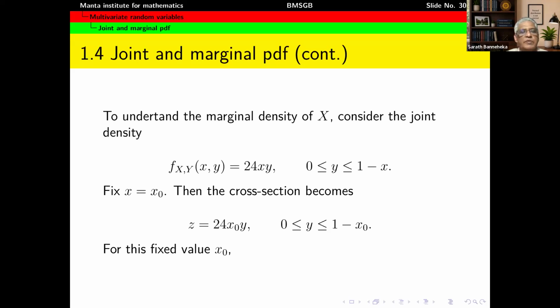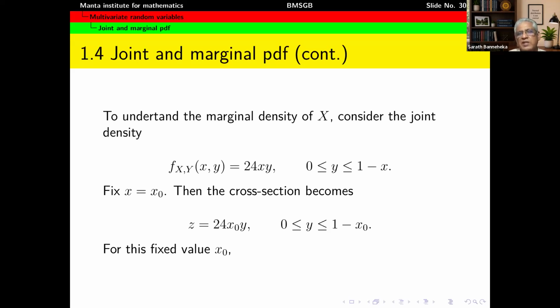We can obtain it by looking at the highest point, where y will be equal to 1 minus x naught. That will be the height of the triangle, and the width of the triangle will be the length of the range of y when x is equal to x naught, that is 1 minus x naught. So from that you can easily get the area of the triangle.